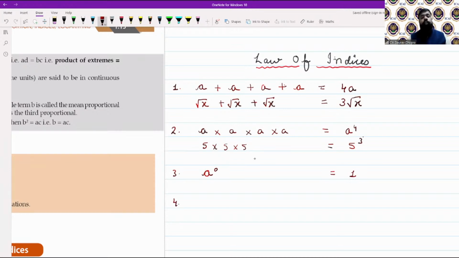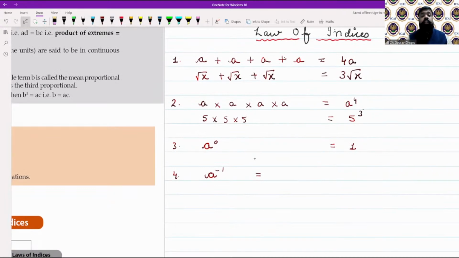Now the next one. If the power says a to the power of minus 1, then what does this mean? This is the important one. A to the power of minus 1 can be written as 1 upon a, and a has the power 1 now.